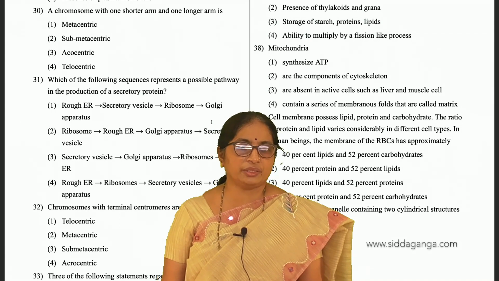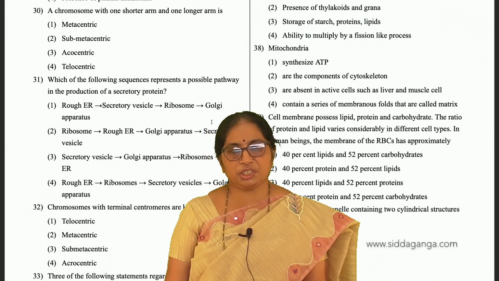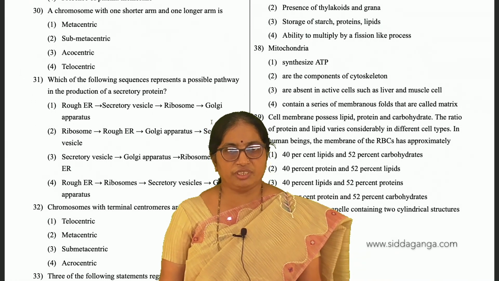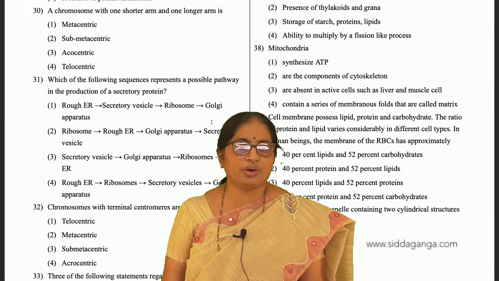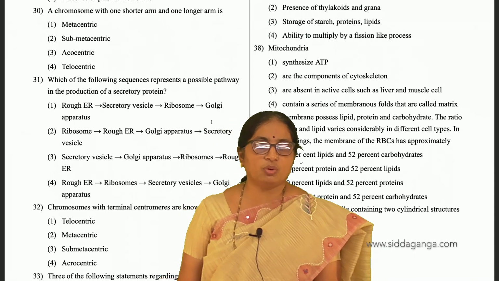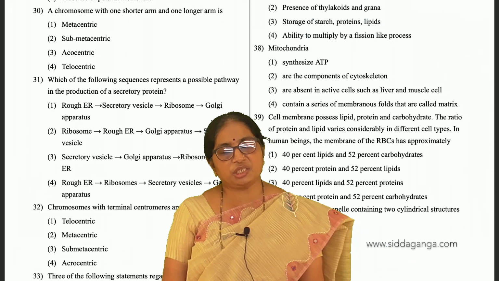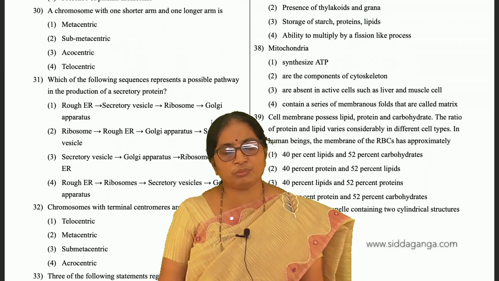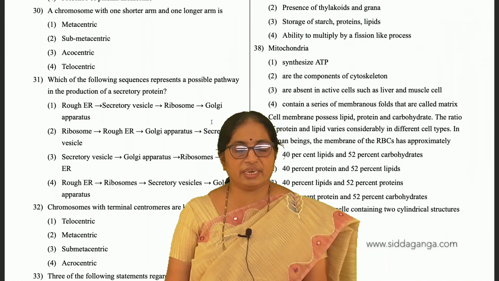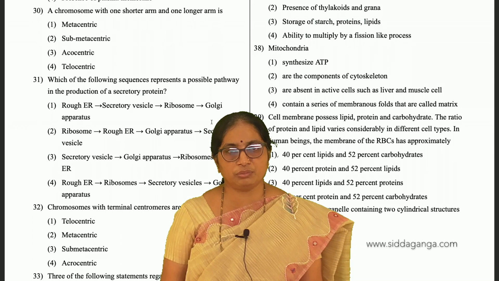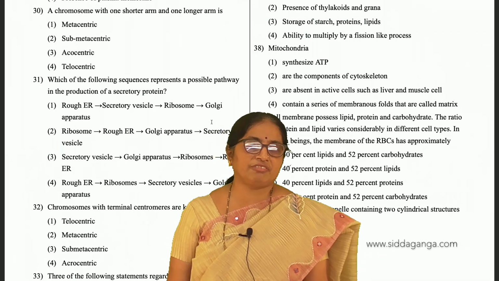So, the 2 chromatids are joined with the help of a centromere, and the centromere divides the chromosome into one shorter arm and one longer arm; mostly such a chromosome is called submetacentric, because in metacentric the chromosome arms are of equal size. So there is nothing like short and long; all the arms are of equal size. In submetacentric, one is shorter and one is longer.